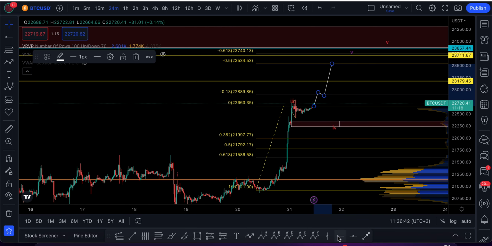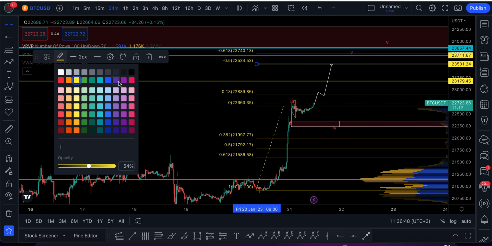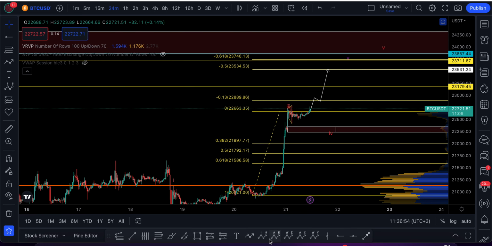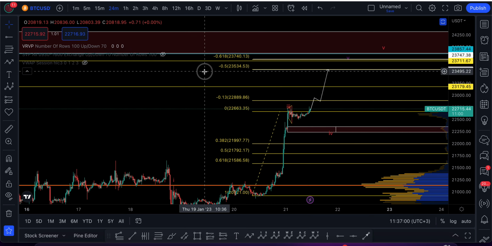So these are the good targets that I think I have. So I'm going to mark this, let's mark them white.